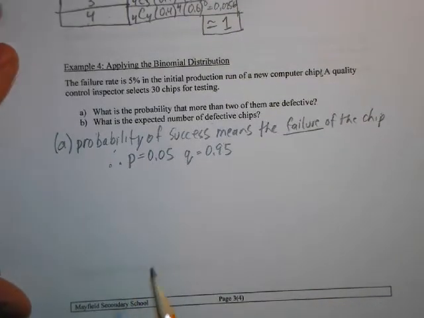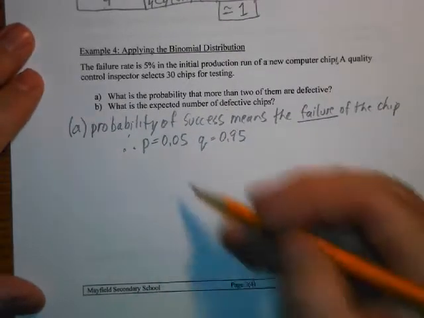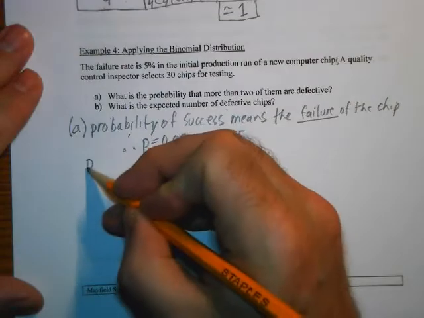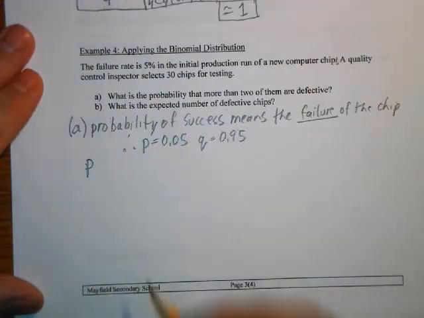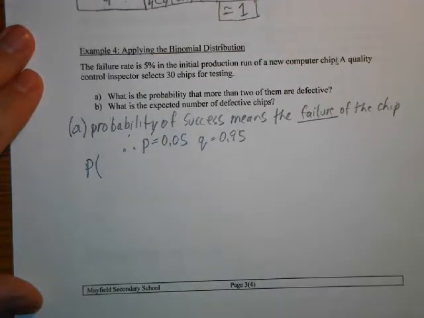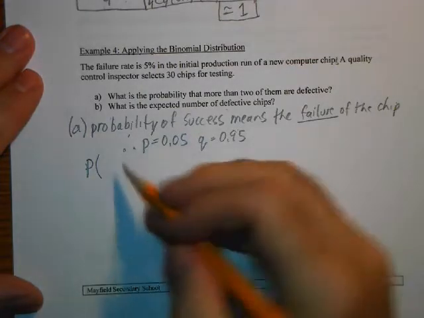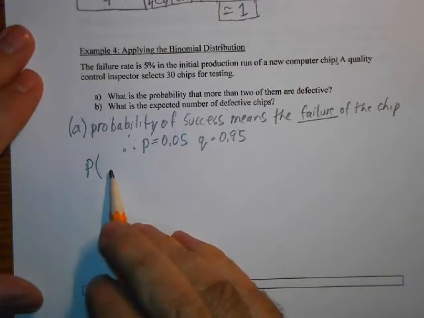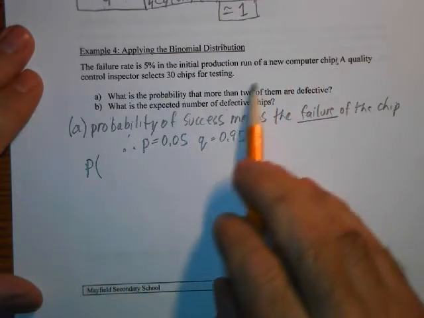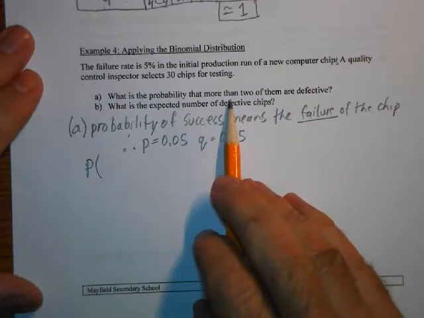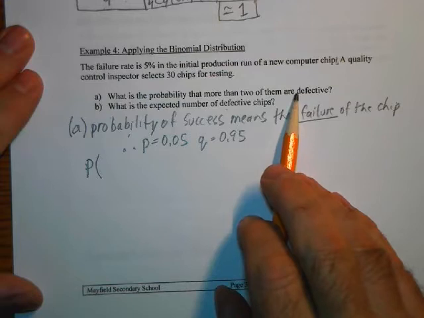So now we're actually going to work this out. So this will be a little different here. I'm now not saying, like I did on the last question, or at least example 1 and 2, probability x equals 2. We want to know the probability of more than 2 of them being defective.